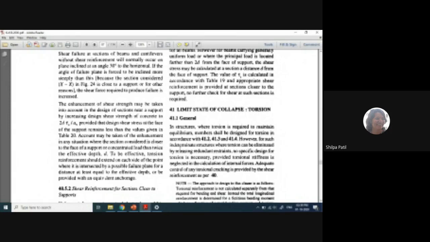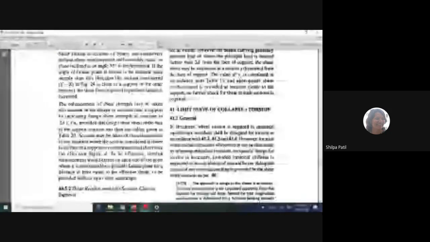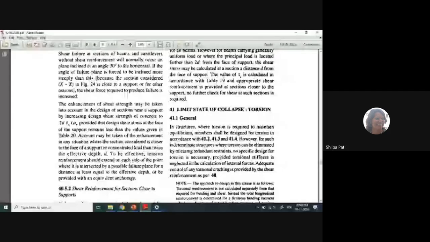However, for such indeterminate structures where torsion can be eliminated by releasing redundant restraints, no specific design for torsion is necessary. So for indeterminate structures, when we consider the different joints and develop the compatibility equations, and because of the compatibility action torsion is developed, that torsion need not be designed.